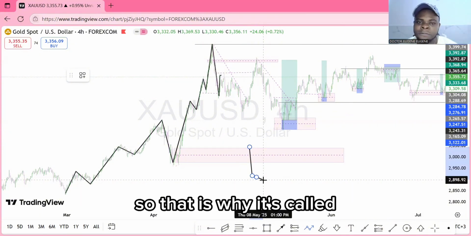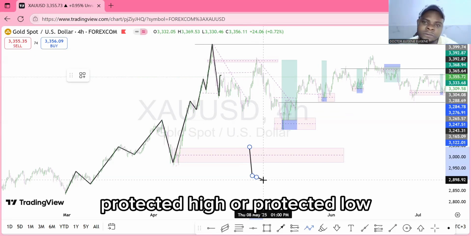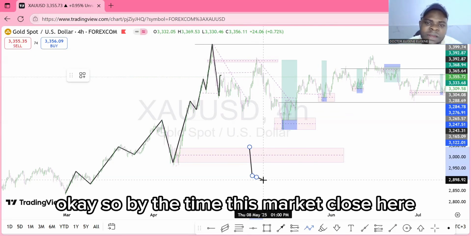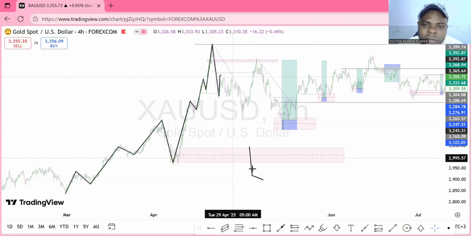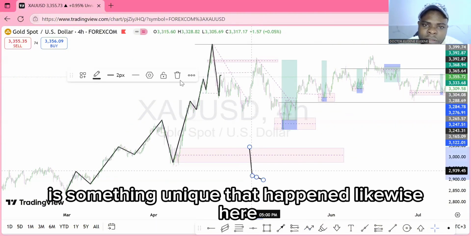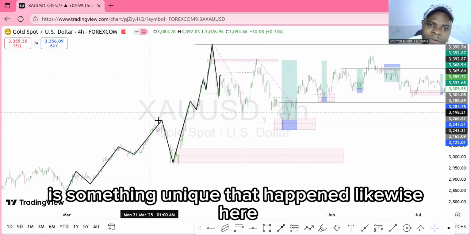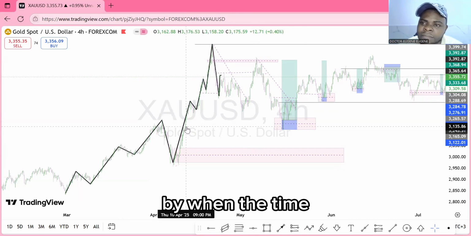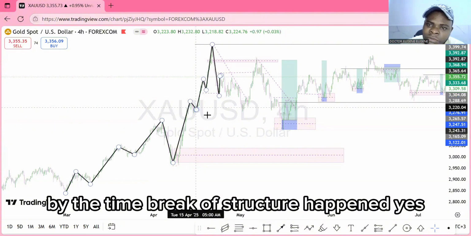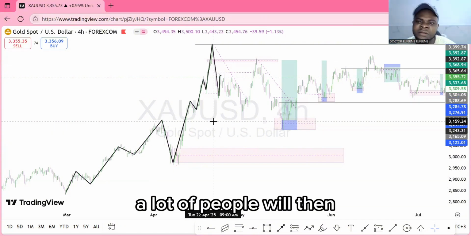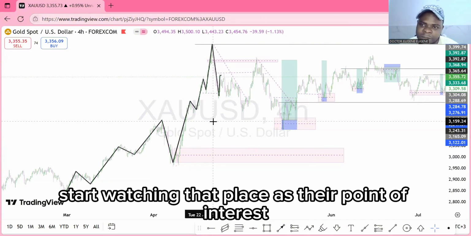That is why it's called protected high or protected low. By the time the market closes here, something unique has happened. Likewise here, by the time a break of structure happens, a lot of people will start watching that place as their point of interest.